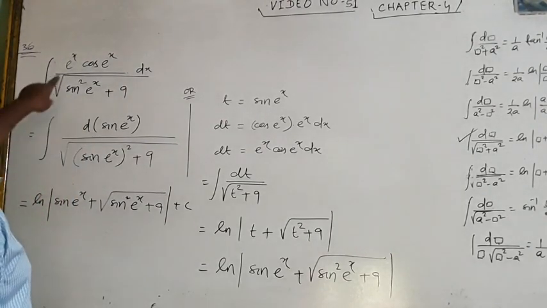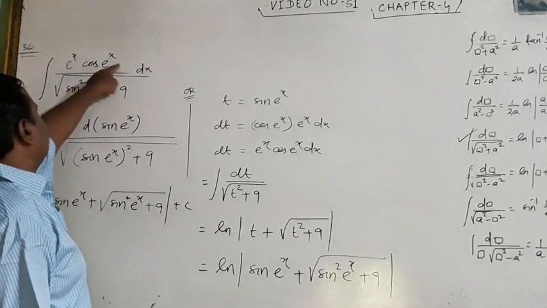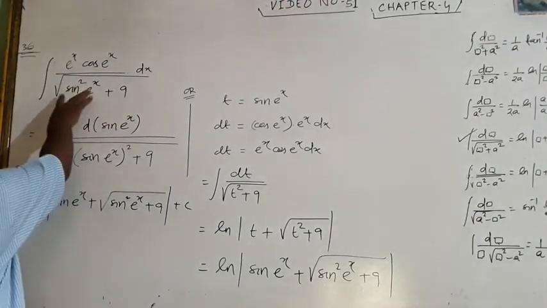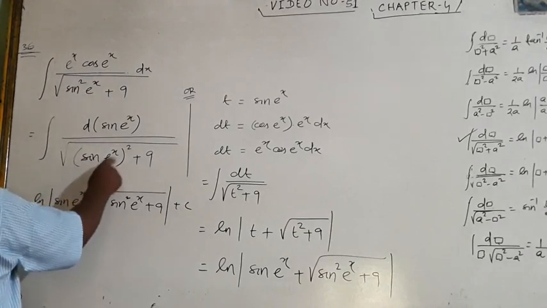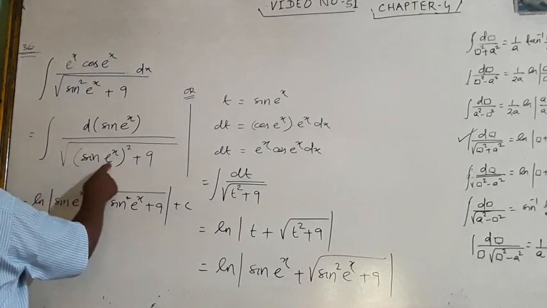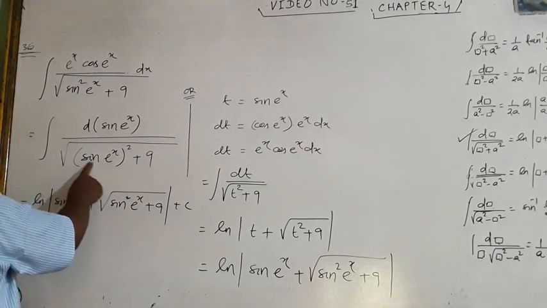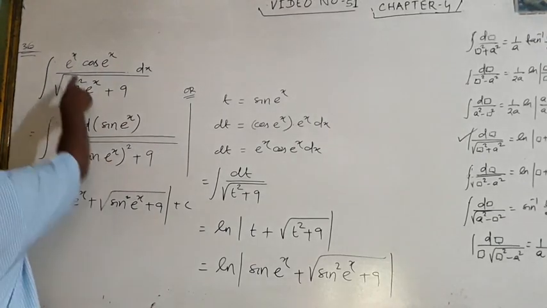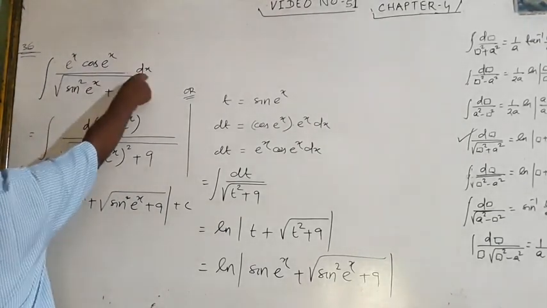Now look here. e to the power x cos e to the power x by sin square e to the power x plus 9. Whose square is this? It is sin e to the power x whole square. And you know the derivative of sin e to the power x is cos e to the power x into the derivative of e to the power x, that is e to the power x dx.